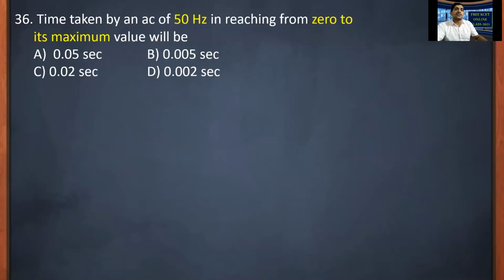Right. 36th question. The time taken by an AC of 50 hertz in reaching from 0 to its maximum value is? If I draw an AC signal like this, and take it as an EMF or the voltage or any parameter, this is from 0 and this is the maximum value.